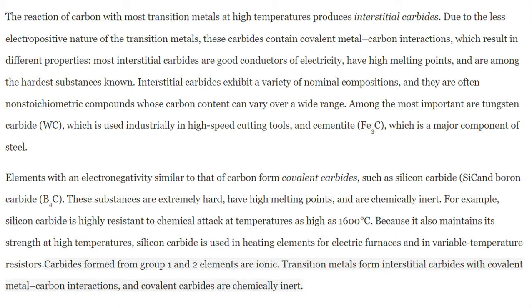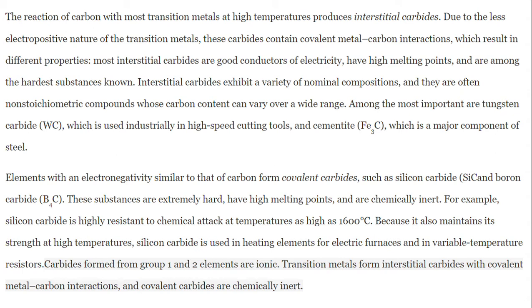They are among the hardest substances known. Interstitial carbides exhibit a variety of nominal compositions and are often non-stoichiometric compounds whose carbon content can vary over a wide range. Among the most important are tungsten carbide, WC, which is used industrially in high-speed cutting tools, and cementite, which is a major component of steel.